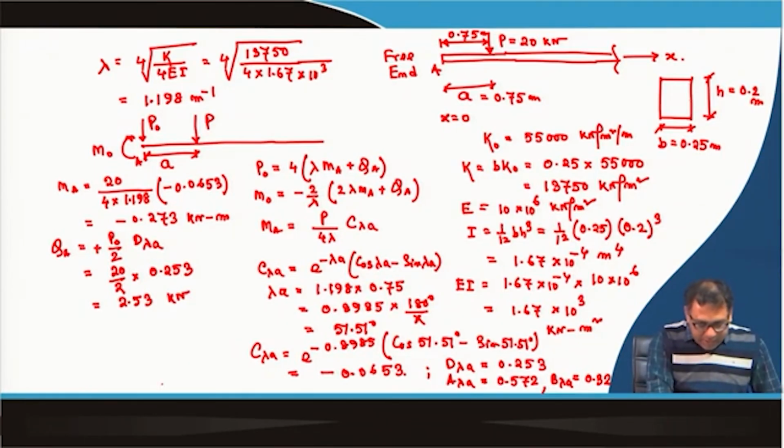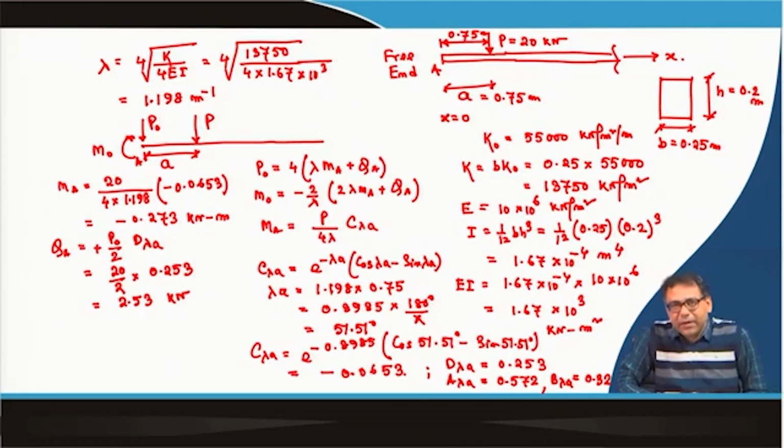So, now I have calculated the MA and QA, which is due to this point load P, because this MA is due to this point load P at a distance A. And we are calculating left side to the loading. So, that is the expression of MA, P by 4 lambda into C lambda A, because these expressions I have already derived for concentrated load, concentrated moment. So, from there I am getting this value, but Q will be the opposite sign because it is left side to the loading.